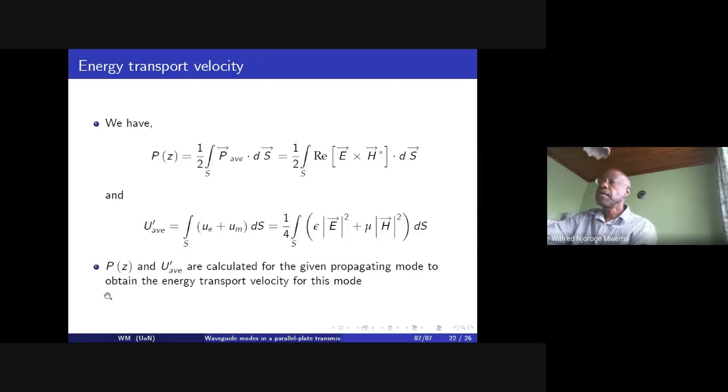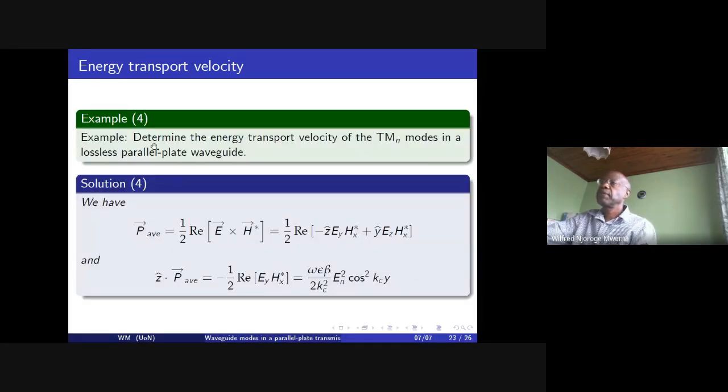Okay. So PZ and U average star are calculated for the given propagating mode to obtain the energy transport velocity for that given mode. So for example, determine the energy transport velocity of the TMn modes in a lossless parallel plate waveguide.